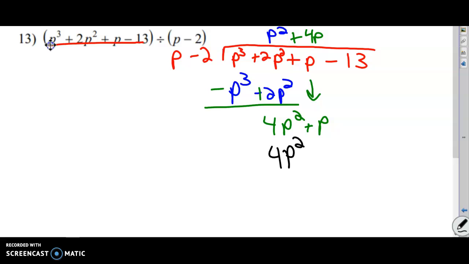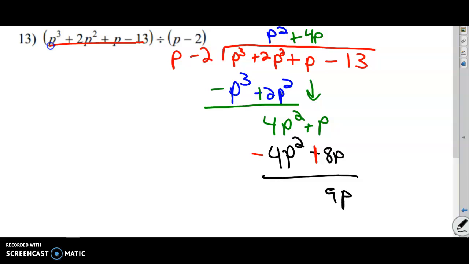And 4p times negative 2 is negative 8p. I have to subtract, so I'm going to make this minus 4p, but a plus 8p. We end up with 0 in the front, but we end up with 9p down here.